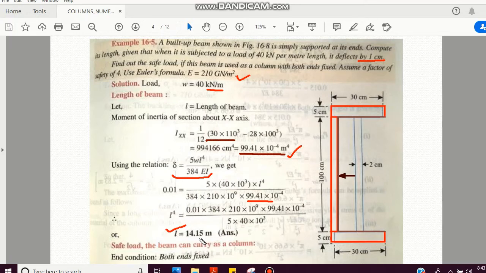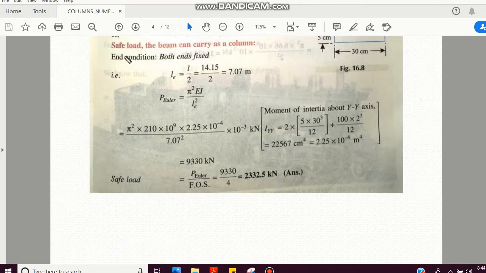Now, if that simply supported beam is used as a column with both ends fixed, the equivalent length LE becomes the actual length by 2. That means 7.07 meter. So by using Euler's formula, that is P Euler equals pi square EI by LE square.